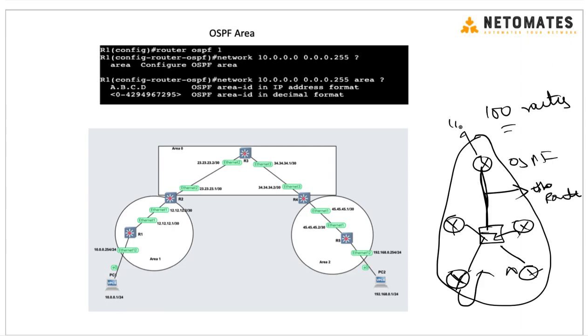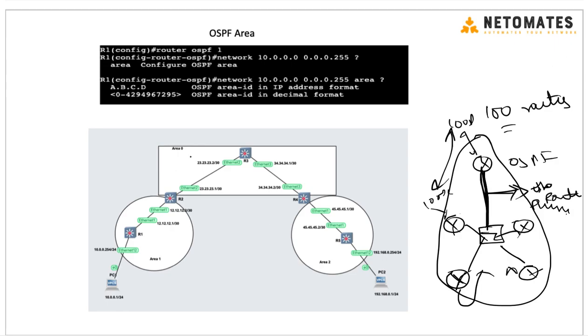For suppose you have 100 PCs here and 100 PCs there. We are building OSPF and all these routers and switches to make communication between these two networks, right? But if routing updates utilize most of the bandwidth on this physical link, it's not efficient, right?